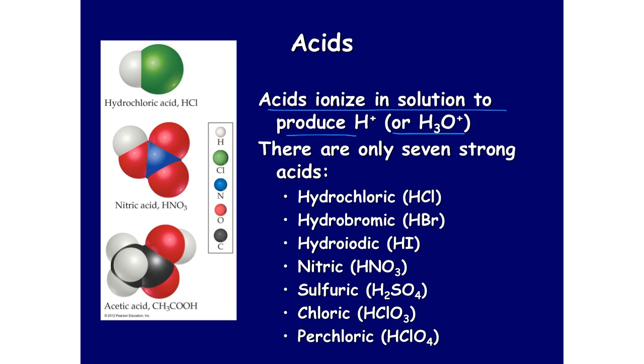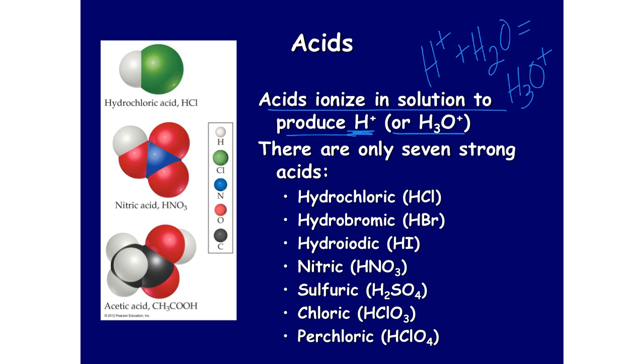You may remember from reagents that the hydrogen ion is actually very reactive and will attach to a water molecule and then produce the hydronium ion. So it's really more accurate to say that there's hydronium ions in solution because that's how they actually exist. But a lot of times we just shortcut it with the H plus ion.